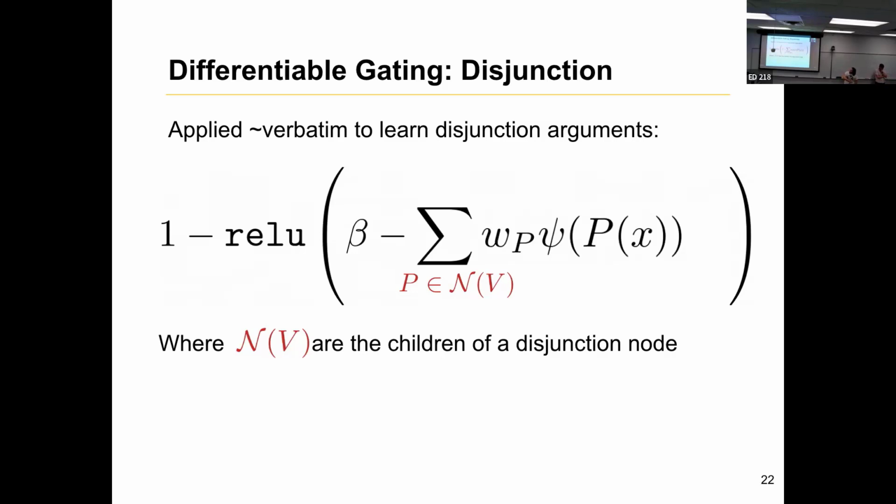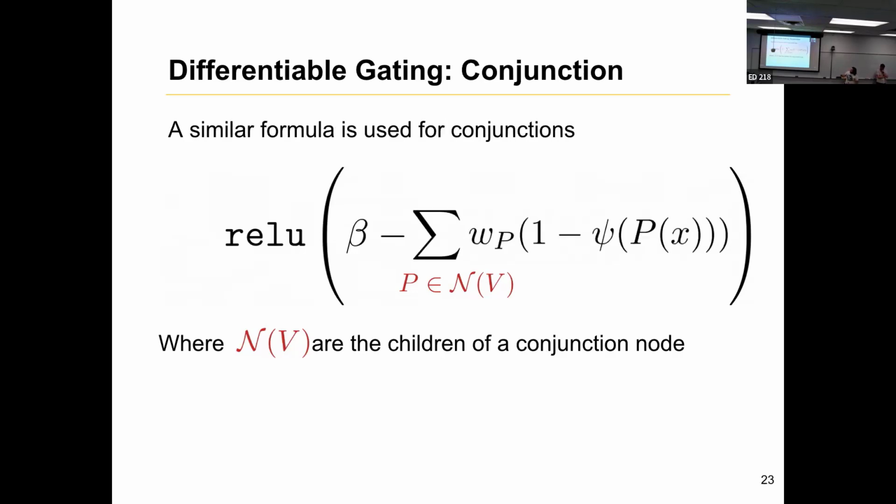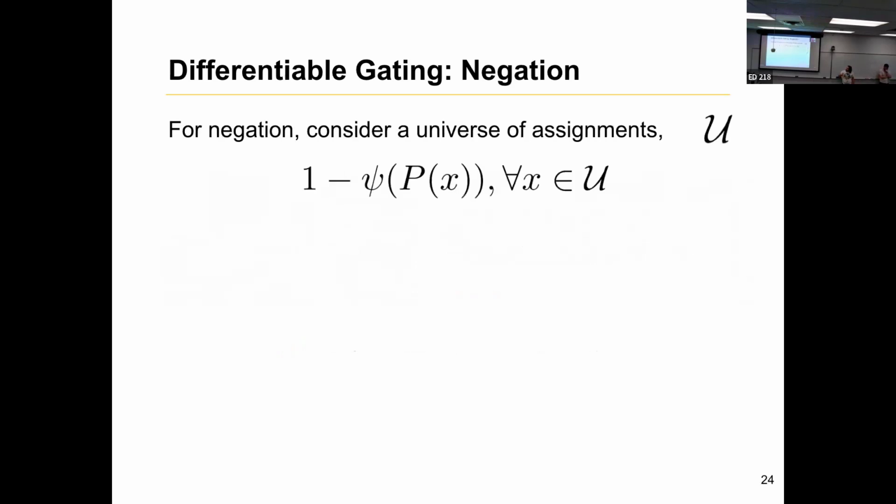The same formula, more or less, is used for conjunctions, except that a few terms are shifted around, so that mathematically it represents a conjunction, like Matt was showing in the diagram. Again, they use the children and it's sparse. And then negation is just 1 minus x, except that we have to consider all of the possible assignments in the universe of assignments.